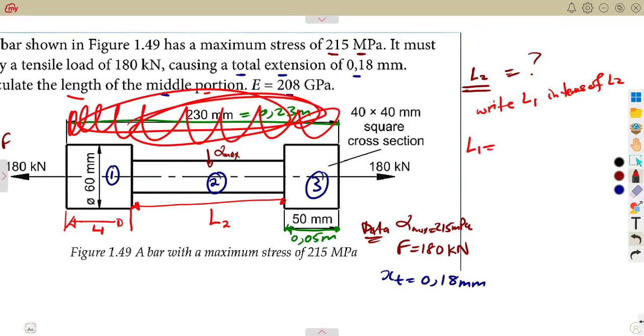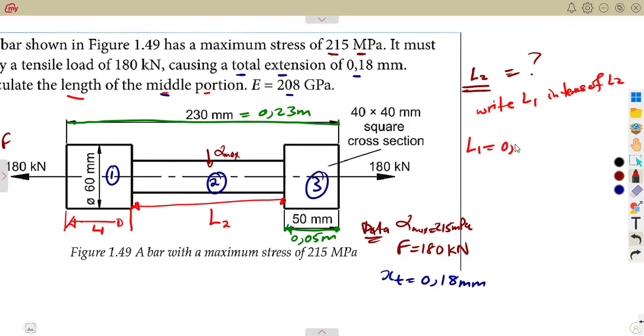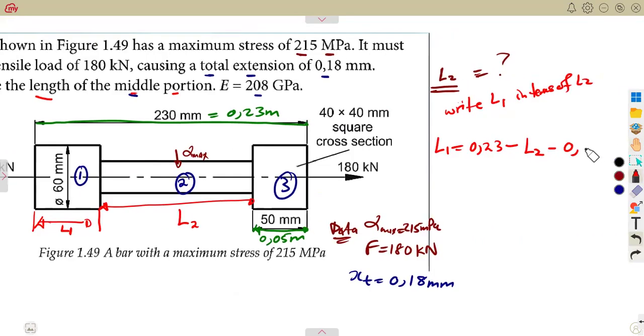So it means we are going to subtract from 0.23. We are going to subtract the length of the middle section. We are also going to subtract the length of the last section, the third section, the 0.05. So this is going to represent in terms of L2, the length of the first section.